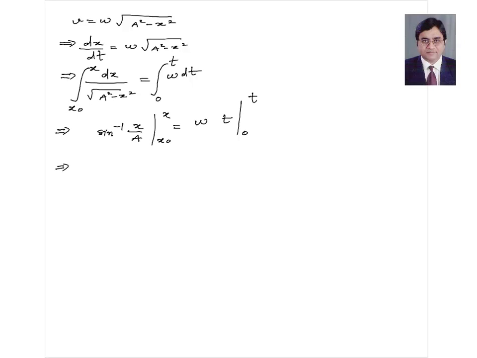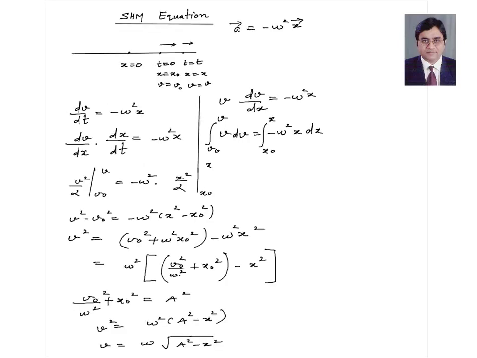Now putting x in place of x, putting x0 in place of x, t in place of t, 0 in place of t. x0 is constant, a is constant, isn't it? Again, for a specific SHM it is constant. A depends on what? x0, v0, omega.